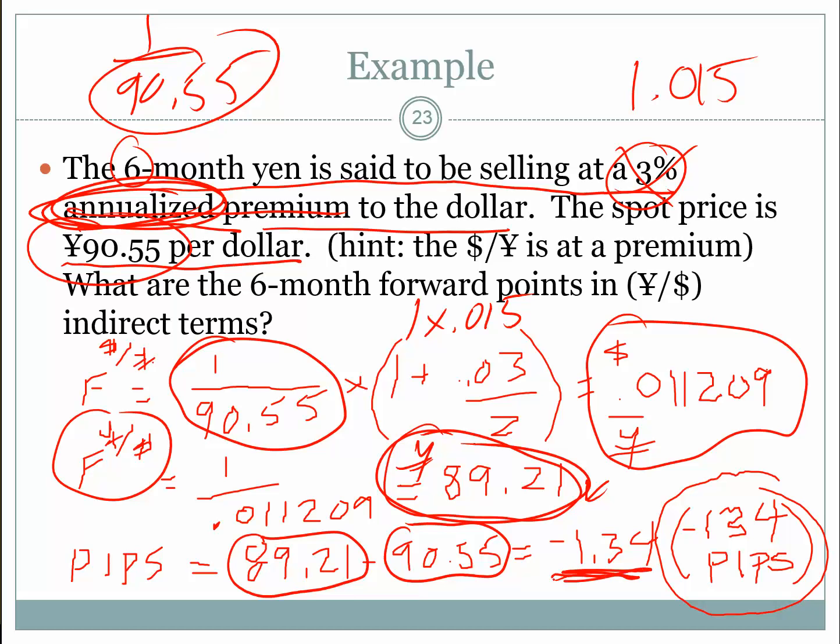If I want to communicate that on Bloomberg or to a customer, what I might say is the forward price is selling for 134 points below the spot. Because remember, this is a 2 decimal place currency, so I'd communicate this negative 1.34 yen difference as 134 pips.